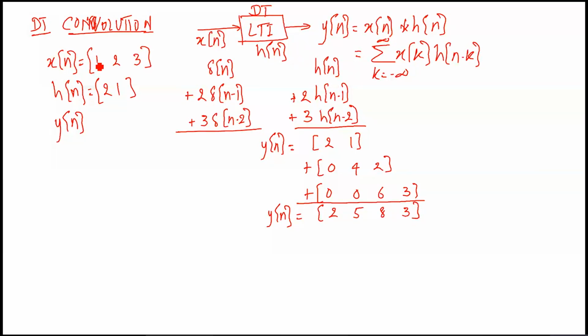If you see, the number of terms in x of n were 1, 2 and 3. The number of terms of h of n were 1 and 2. And in the output the number of terms are 1, 2, 3 and 4. So we can find out how many terms will be there in the output: the sum of these two term counts minus 1.